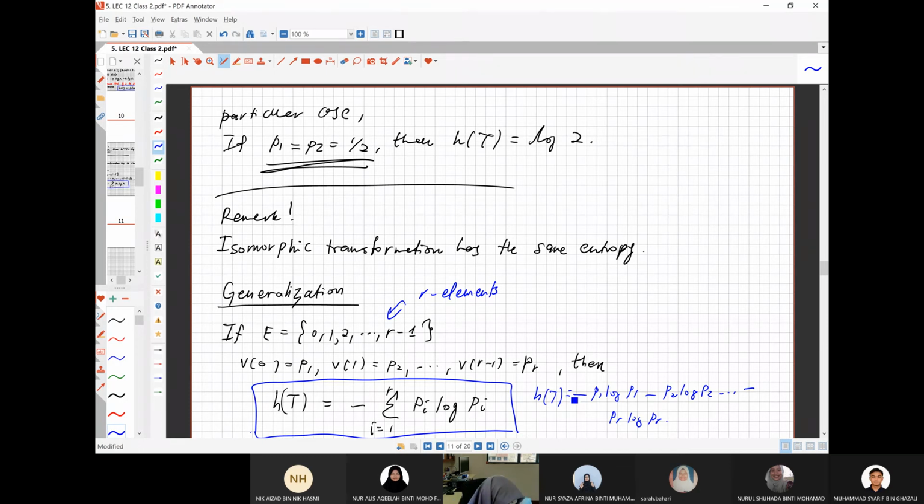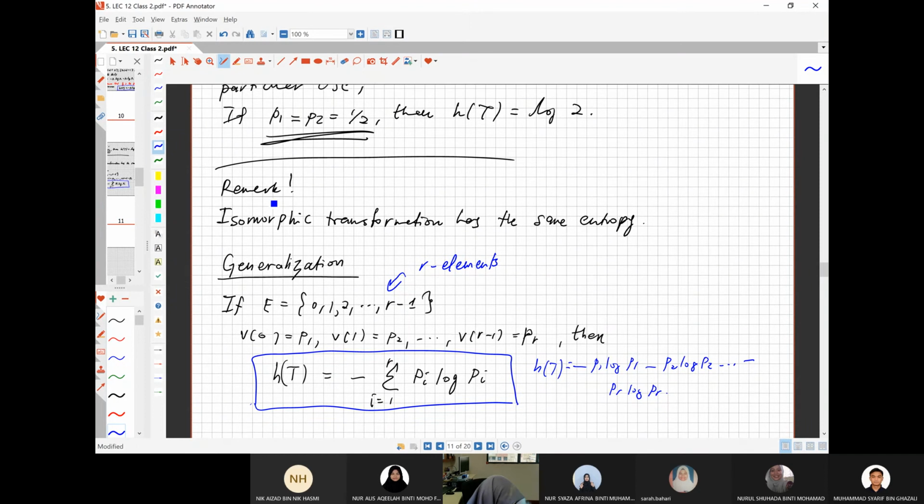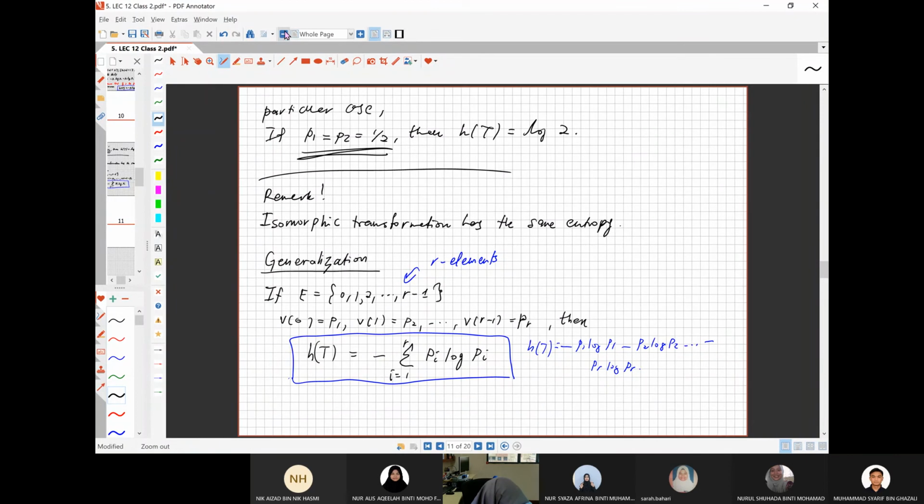So if dia punya measure is the same, equals to P equals 1 over R. So kalau they are uniform, so what do you have here?